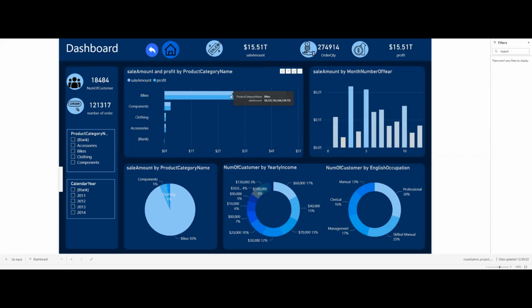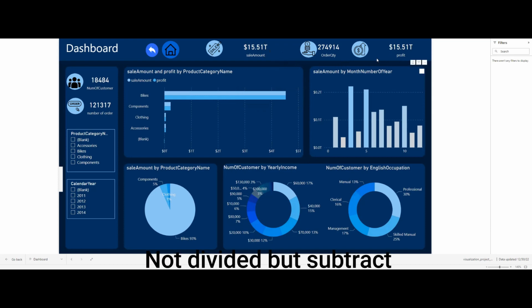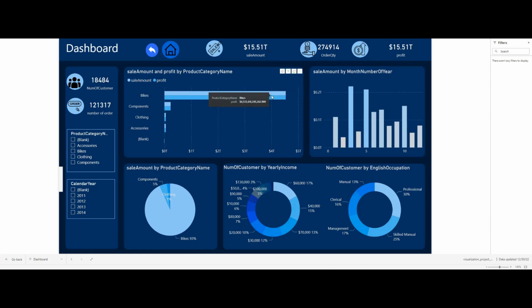You see, sales amount and profit look the same, but they are not the same, because profit is sales amount minus tax and the price discount. But if you point at this and compare the price, it's different.